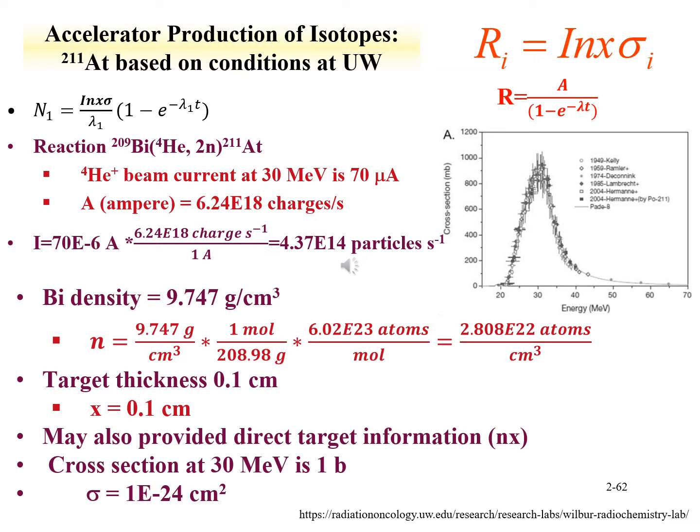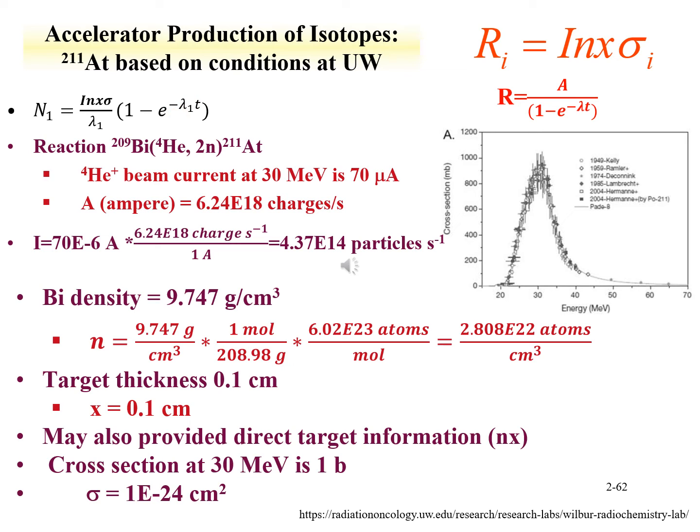The data that we need to accumulate to run this equation is the same whether we use the equation that does not have the saturation or the equation which does have the saturation. The only addition for the saturation equation is the inclusion of the decay constant.